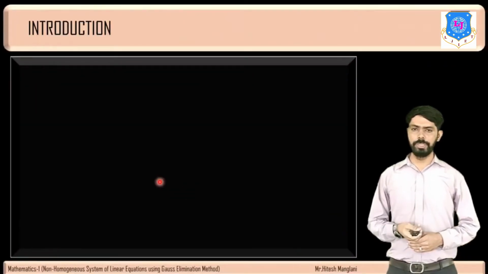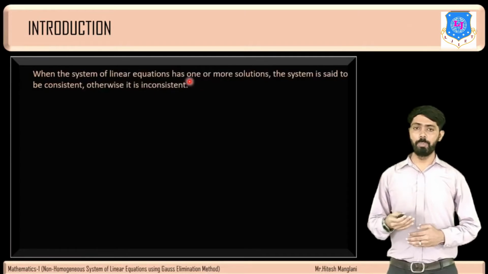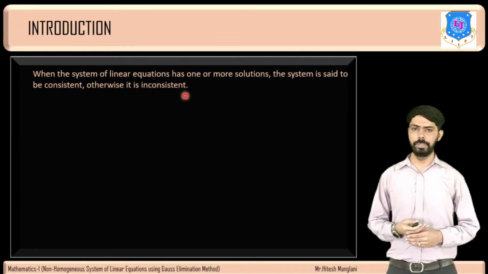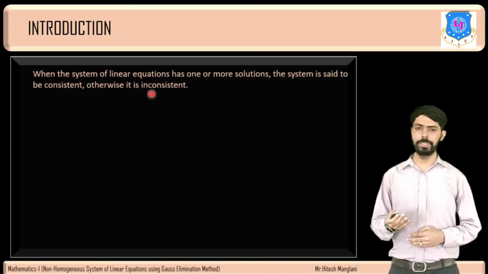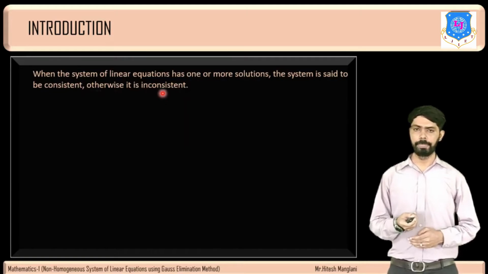Now when the system of linear equations has one or more solutions, then the system is said to be consistent. Otherwise it is inconsistent. So if the system has a unique solution or infinite solutions, then we can say that the system is consistent. And if the system has no solution, then the system is inconsistent.